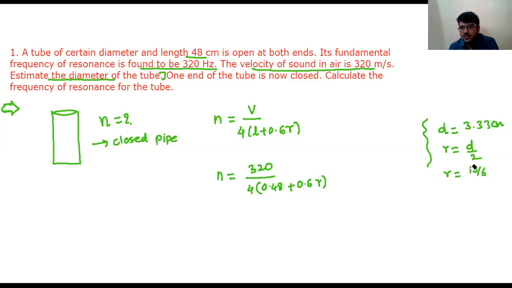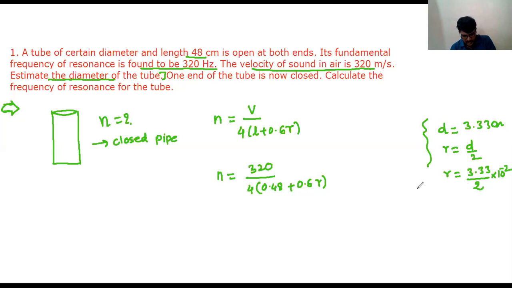So better you do one thing. Convert this into meter. Instead of this, already we got 3.33 by 2. Let's substitute like this. And this is centimeter to meter, so it is into 10 to the power minus 2 in meters.